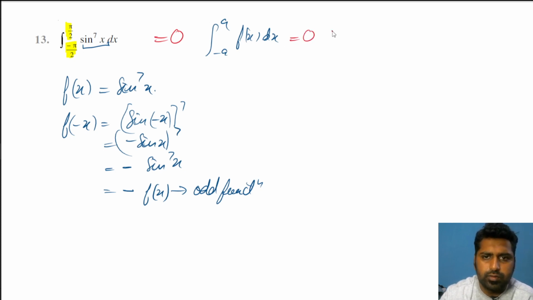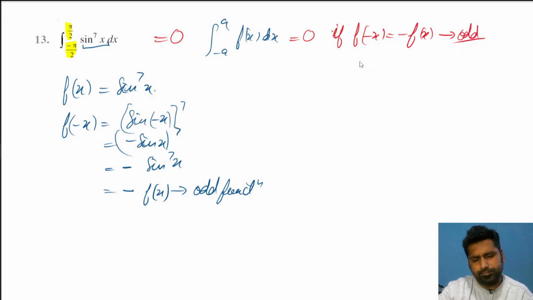Because the integral is 0 if f of minus x is equal to minus f of x, basically an odd function. So you just identify odd or even.